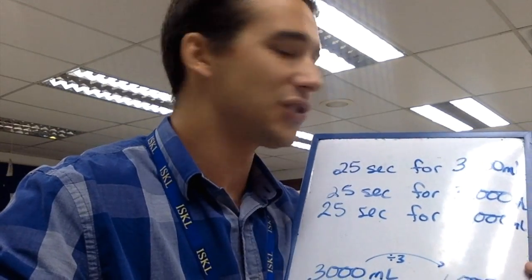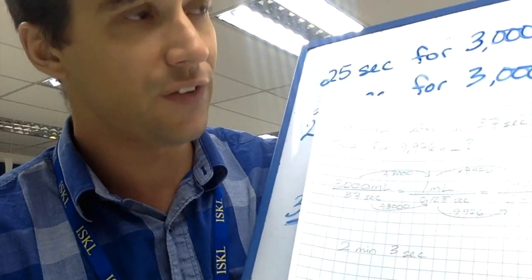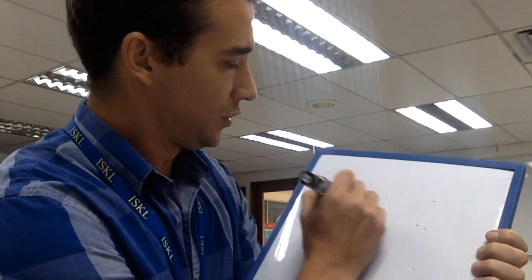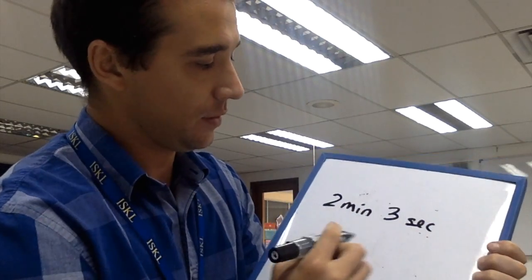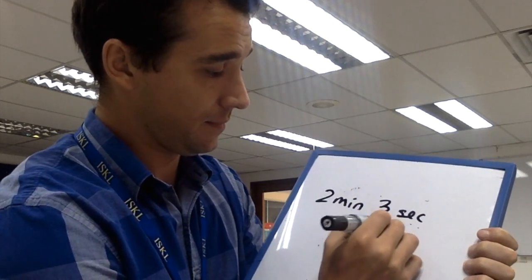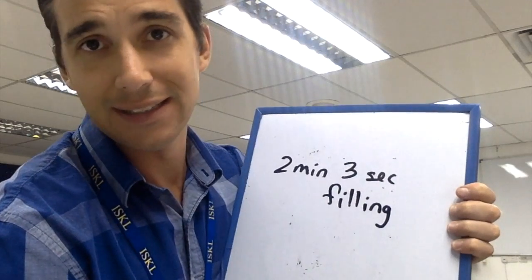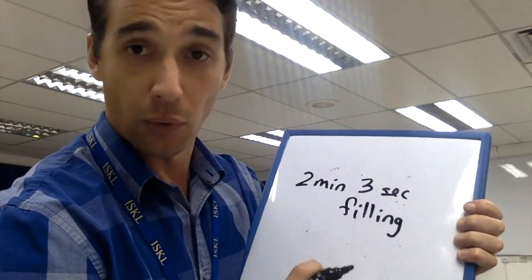If we add that to our numbers from before, the amount of time that it took just to fill, we'll have our total answer. Let's do the math. We had 2 minutes and 3 seconds of fill time. That's just to fill the water that we need into the beaker. That doesn't count walking or pouring it out.